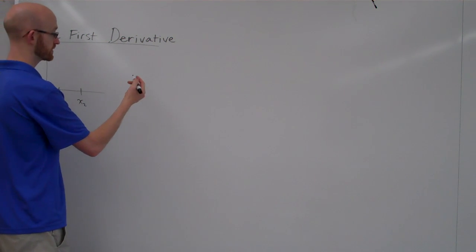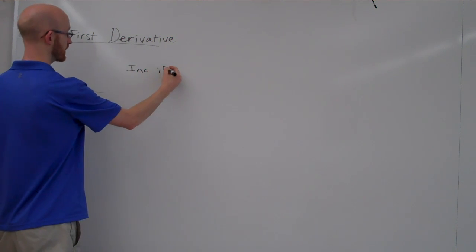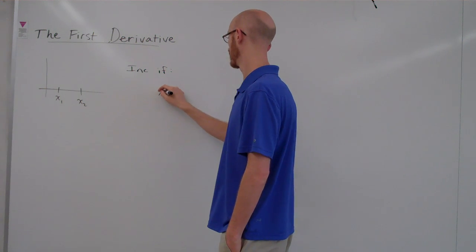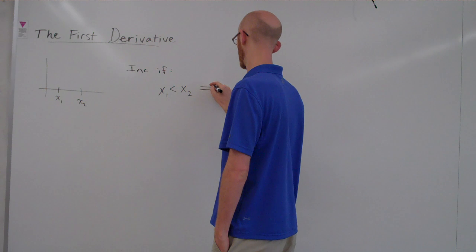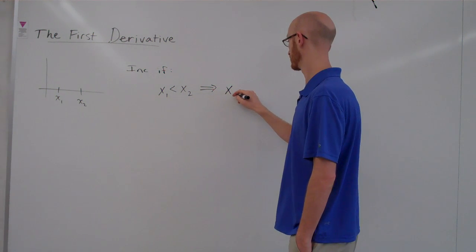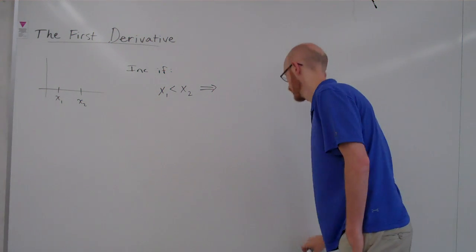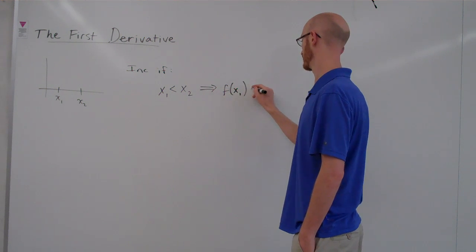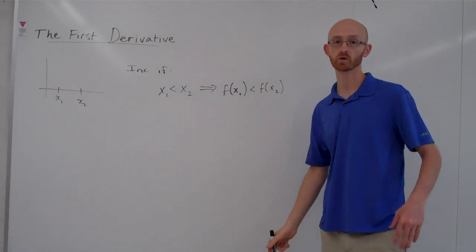So what we're going to do is we're going to say it's increasing if x sub 1 is less than x sub 2 implies the y value, f of x sub 1, is less than f of x sub 2. So you know that you've gone up.